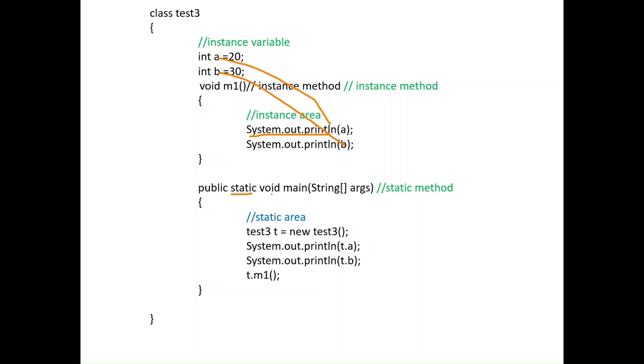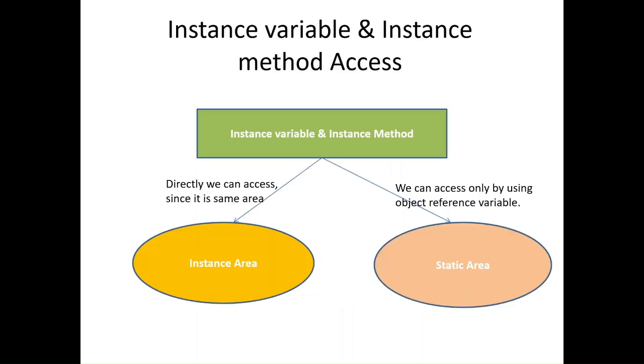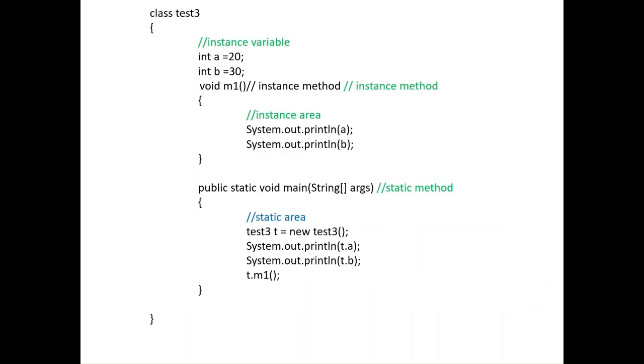It's a main method, but by default there is the static keyword, so the area is static area. I told you that inside the static area it can't be directly accessed. The instance variable or method can be accessed in the static area only using the object reference variable. That is the reason in the main method we are creating an object for this particular class.